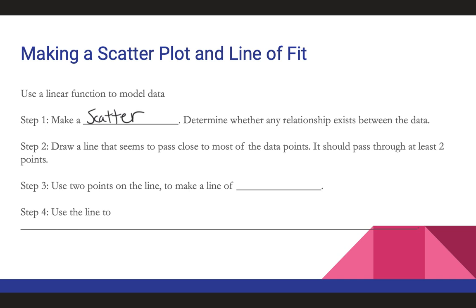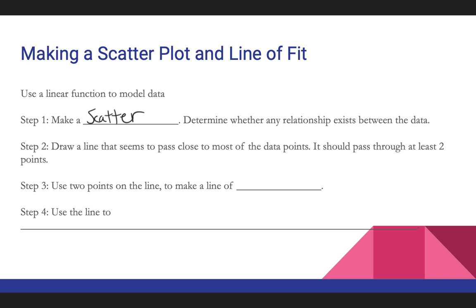Remember that lines of fit are made to help us determine predictions. So we want to draw a line that seems to pass close to most of the data points. You'll see I'm going to draw a line in the middle of the data. It should pass through at least 2 data points in order for us to be able to make a line of fit. We need 2 data points.